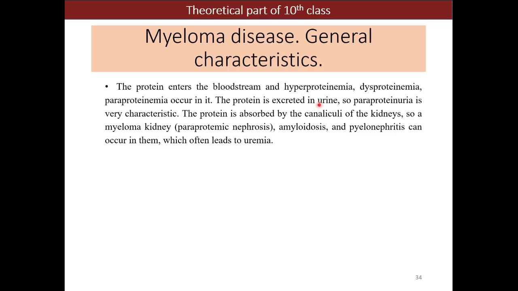The protein is excreted in the urine, so paraproteinuria is very characteristic. The protein is absorbed by the canaliculi of the kidney, so myeloma kidney, paraproteinemic nephrosis, amyloidosis, and pyelonephritis can occur, which often lead to uremia.